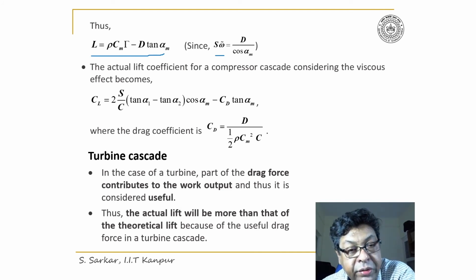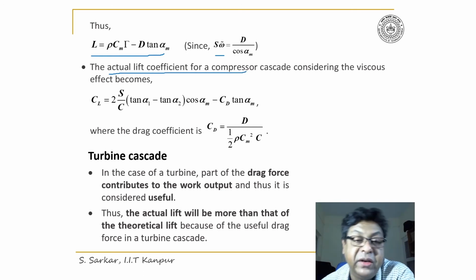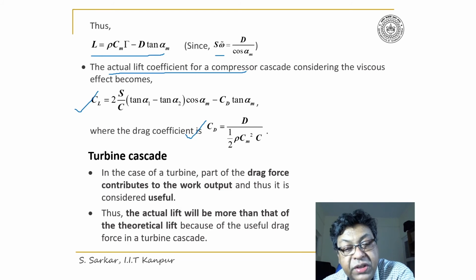Therefore, we can conclude that the actual lift coefficient for a compressor, considering the viscous effect, would be Cl is equal to twice S by C tan alpha 1 minus tan alpha 2 cos alpha m minus Cd into tan alpha m, where the coefficient of drag Cd is defined as D divided by half rho Cm squared into C. C is the chord.